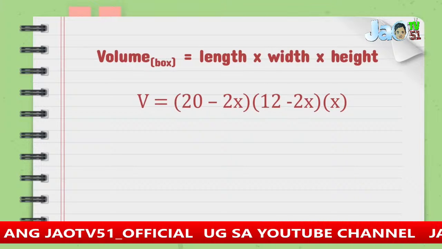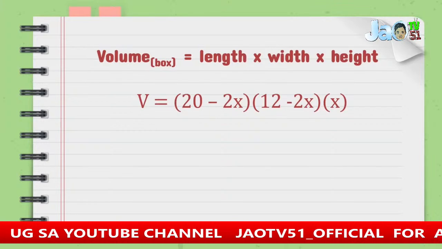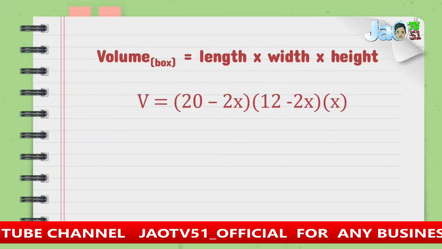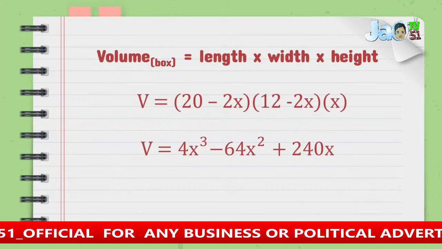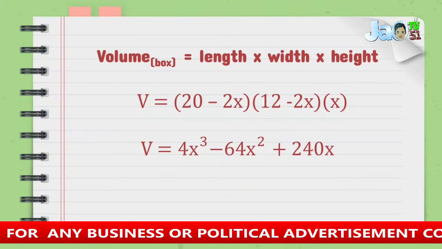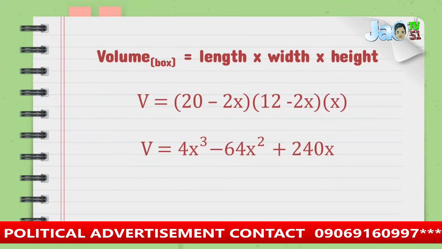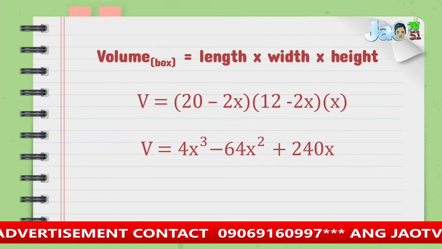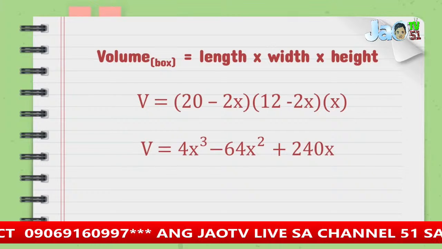This is a polynomial function in factored form. Multiplying the three factors, we have 4x cubed minus 64x squared plus 240x. A polynomial function in standard form.